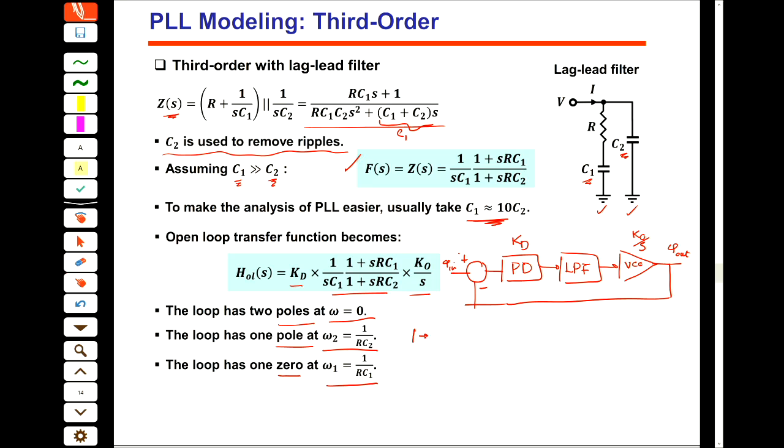So 1 plus j omega 2 R C2 equals 0. Then omega 2 is equal to j over R C2.